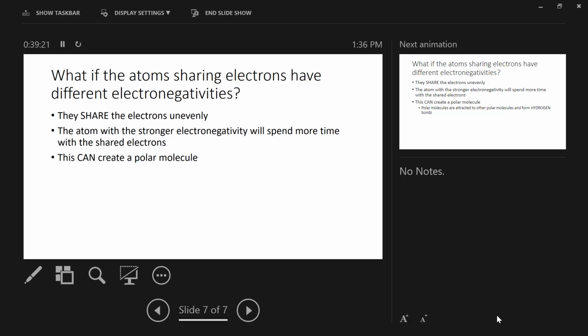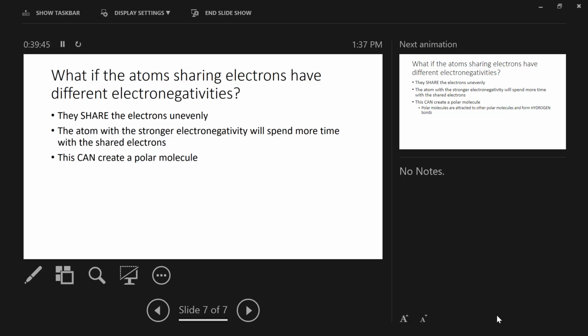Anyways, so polar molecules have 2 distinct ends, 2 distinct poles. You have a positively charged pole and a negatively charged pole. And they're still sharing the electrons, but one atom is getting a lot more time with those electrons than the other. And so it creates a negative pole.